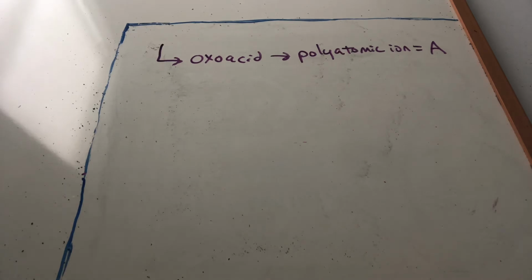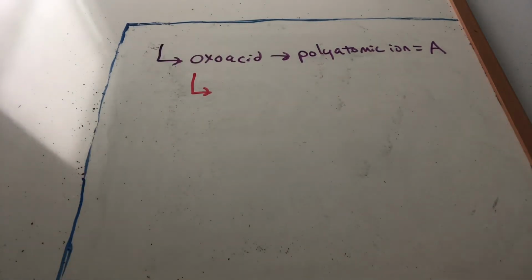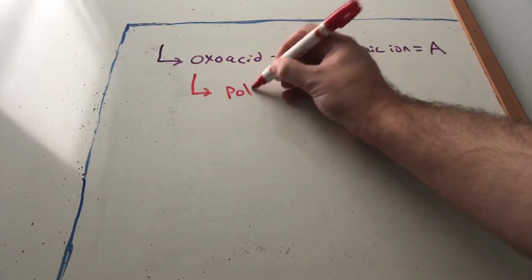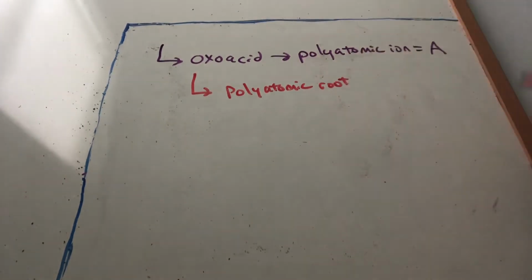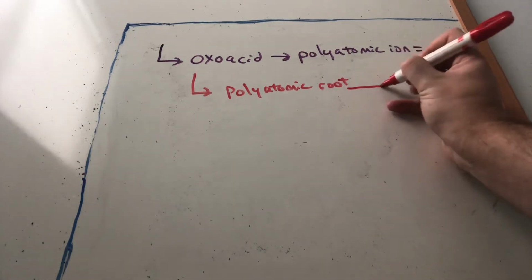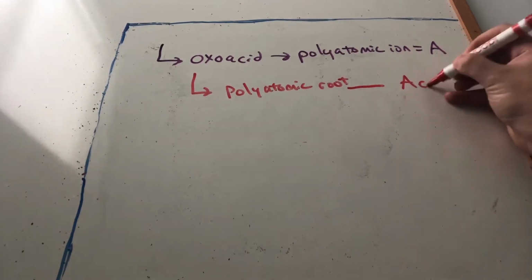That's how we differentiate between a binary acid and an oxoacid. And the rules for that are we don't start with hydro. The way that we name these is we use the polyatomic root, but then we change the ending. I'm just going to leave this blank here and I'll explain what it means. And then we end with the word acid, right?